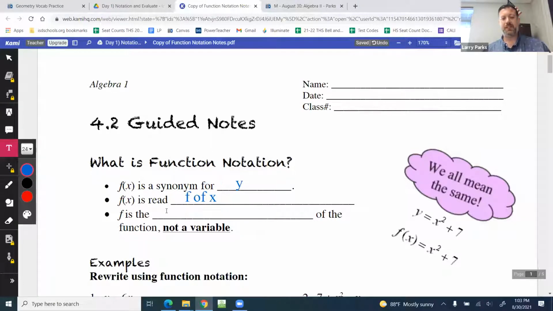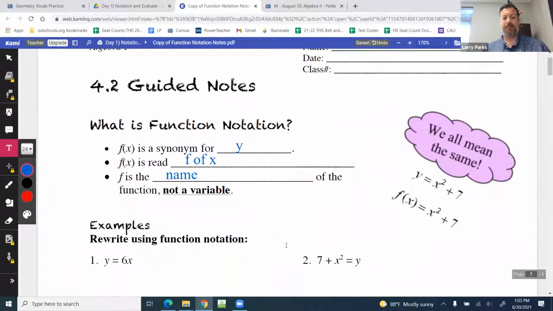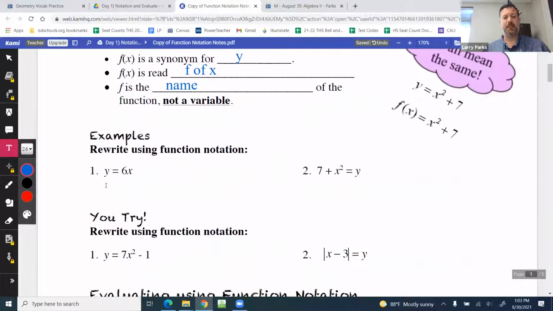And then what confuses kids is they try to solve for f like a variable. F is not a variable. It's just the name of the function. So here's an example. You're used to y equals 6x. Y equals 6x is a straight line.